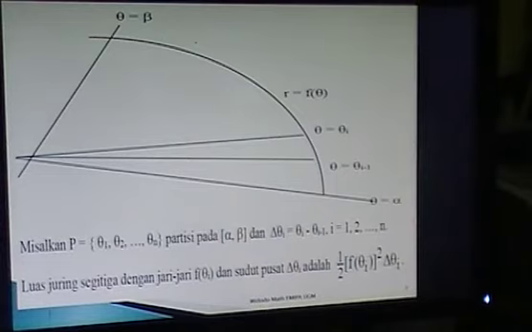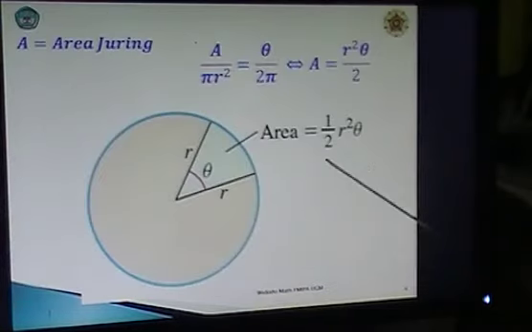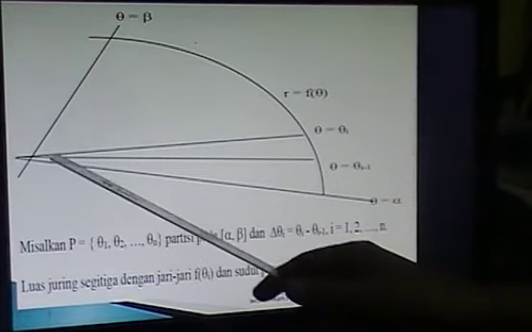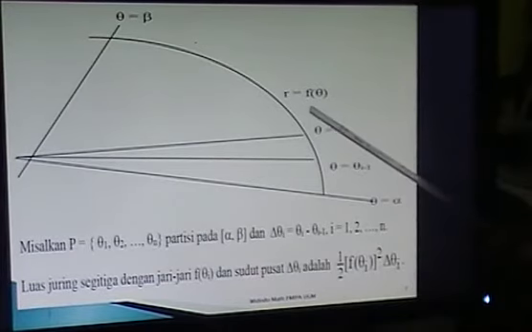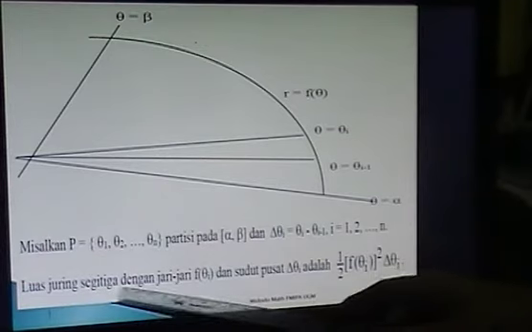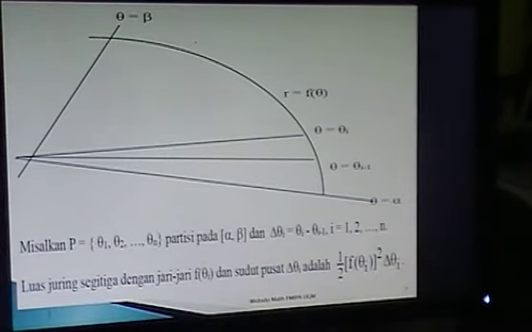Why? Because it is approached by using the sector. As we see in the previous formula, the sector is like this, and we replace the r by f theta i, because actually from here to here is considered as a radius, because we would like to approach the area by using the Juring, the sector with the angle delta theta i.